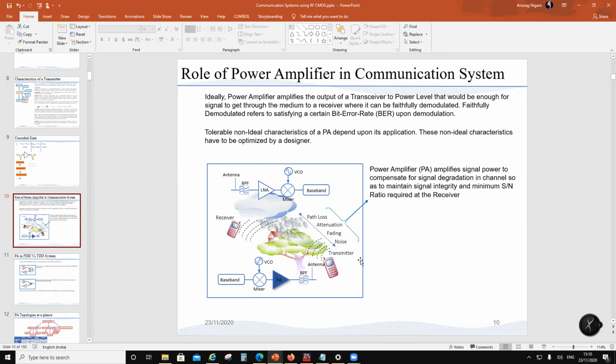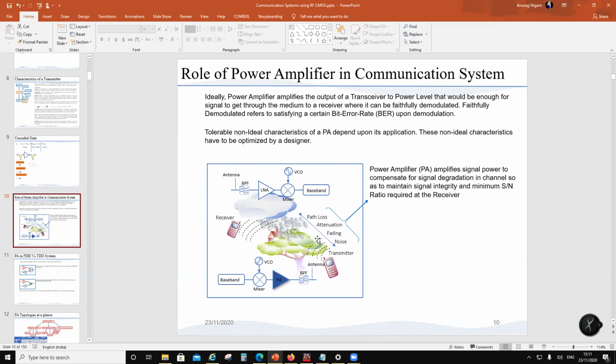Fourth is how much noise am I picking up in this? So I'm concerned not only about the signal received here, I'm concerned about signal related to the noise which is received here. So a PA has to put out that much power so as to assure a certain signal to noise ratio at the antenna.